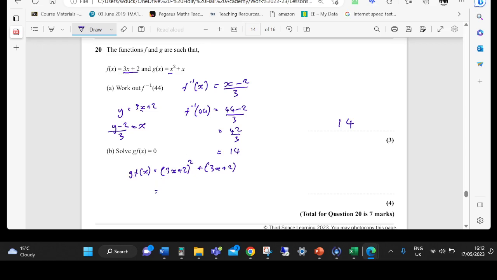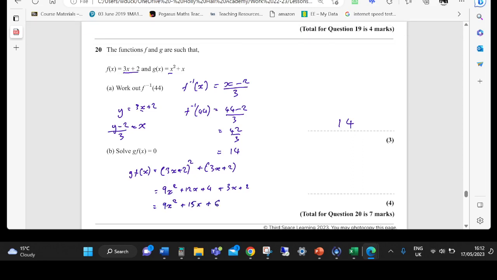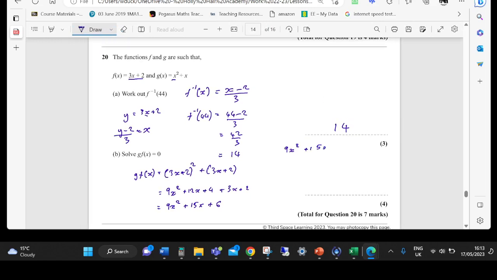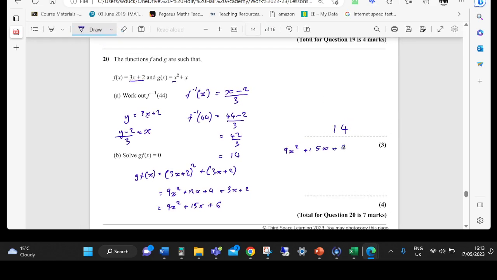So when I square that, that will give me 9x squared plus 12x plus 4 plus 3x plus 2. So that gives me 9x squared plus 15x plus 6. Right, and I might not have room to do it up here, but I'm going to try and do it up here. So I'm going to put that equal to 0 then. Oh, my numbers are going everywhere. Plus 6 is equal to 0.